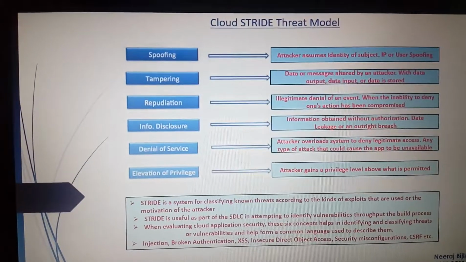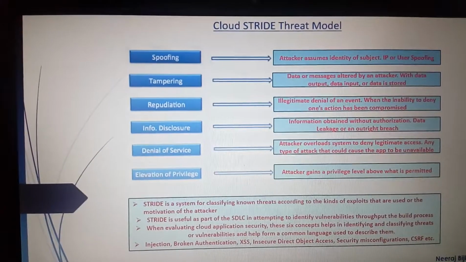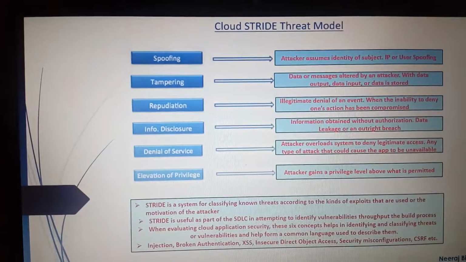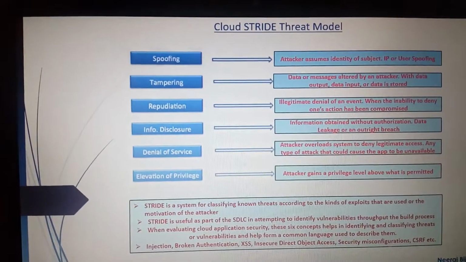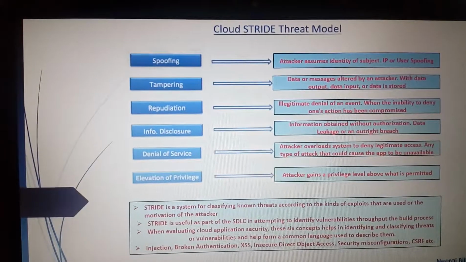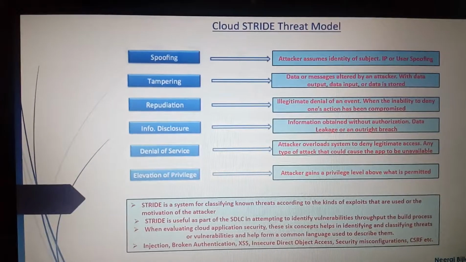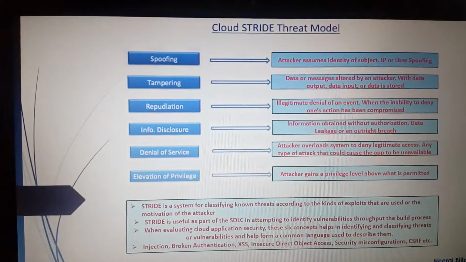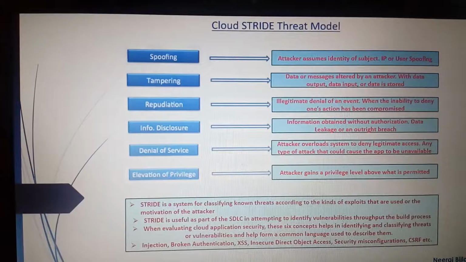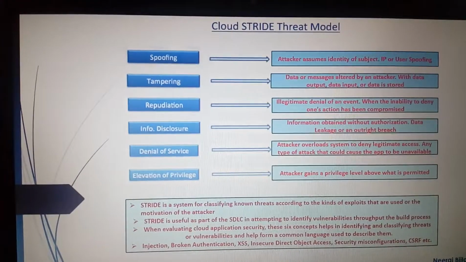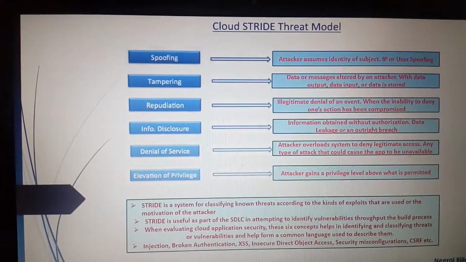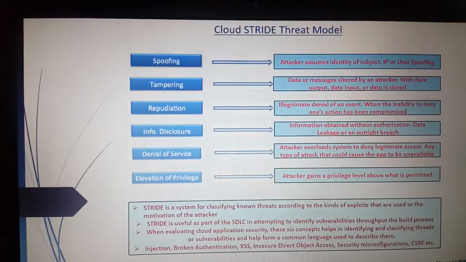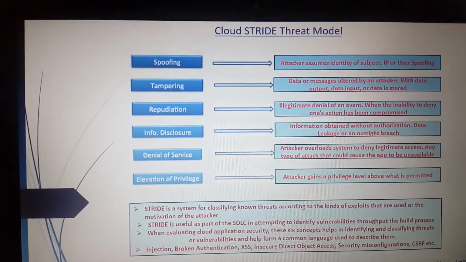And apart from that, they should keep in mind other attacks like SQL injection, OS injection, broken authentication, cross-site scripting, that is called XSS, insecure direct object access, security misconfigurations, and CSRF, etc. These are all other threats that need to be addressed by the developer to avoid them in the applications as well, right?